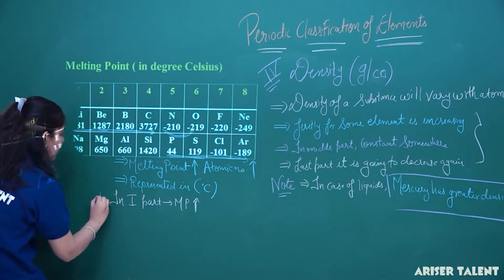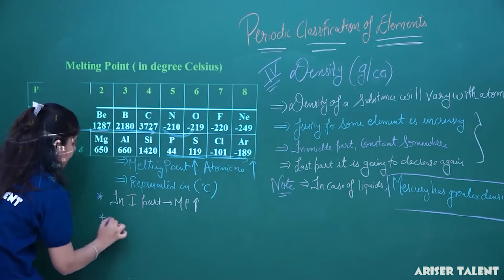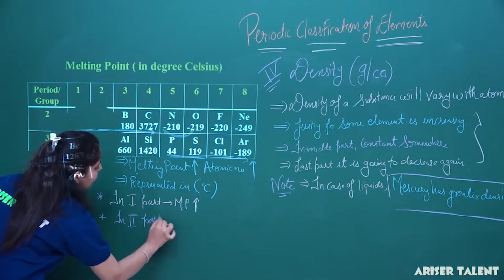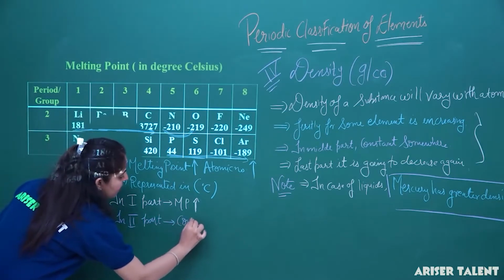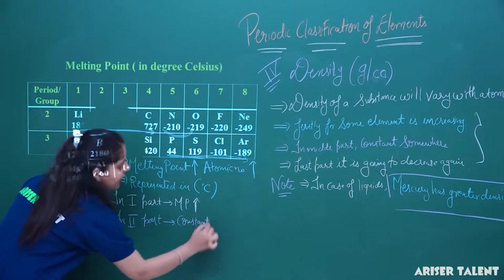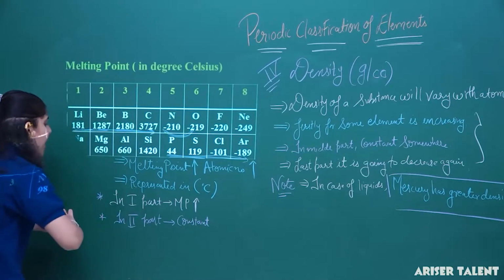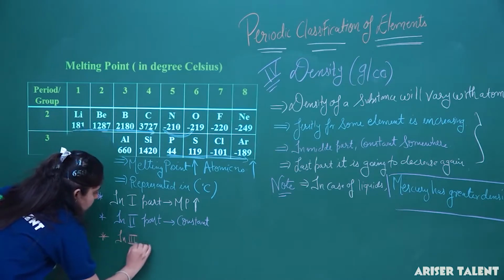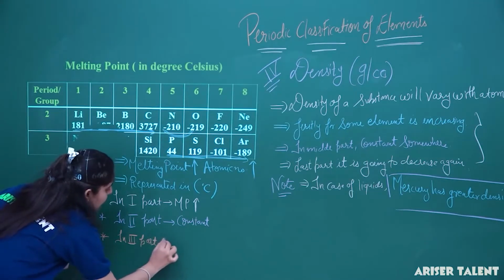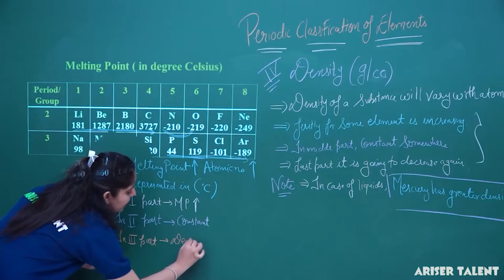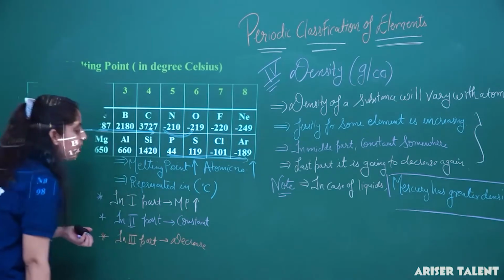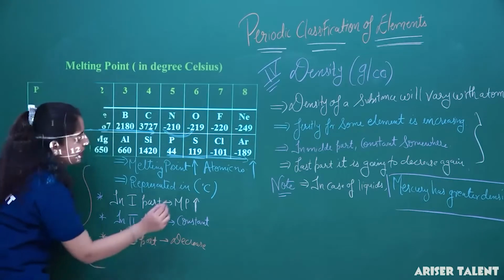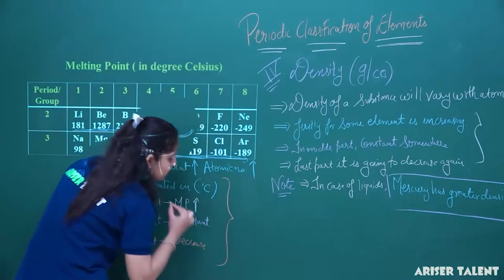In the second part, that is the middle of the table, it becomes constant somewhere. And in the third part, that is the last one, melting point is again going to decrease. So this is the trend in case of the melting point we have observed here.